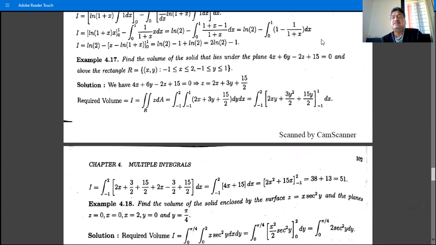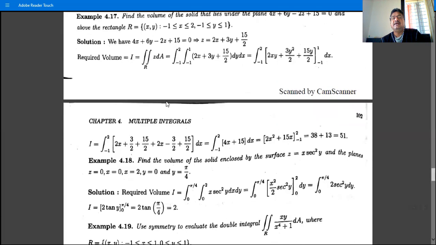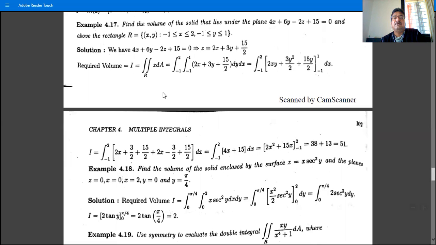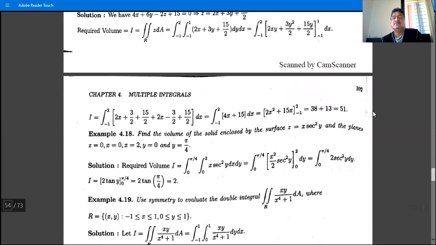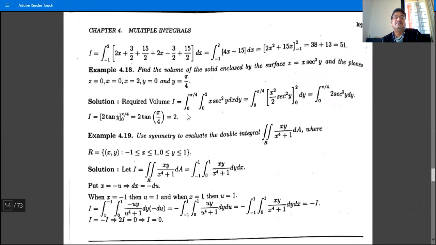So write z as this value, dy dx, y runs from minus 1 to 1, x runs from minus 1 to 2. So find the value of z and write here z dA. Okay, and then the answer is this, 51.